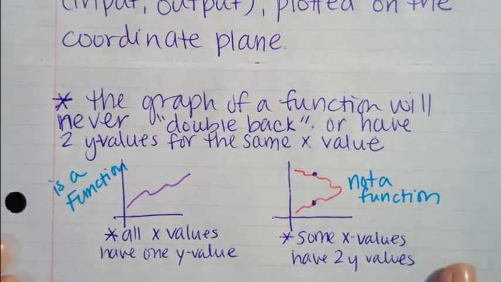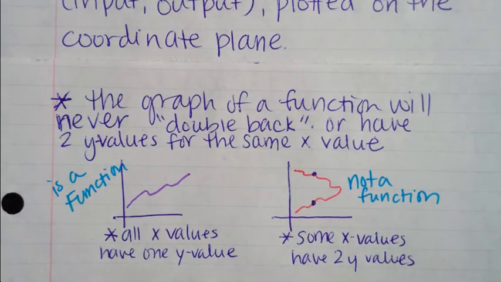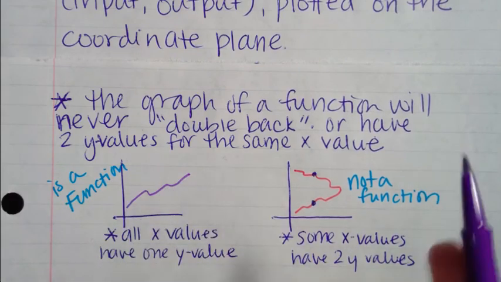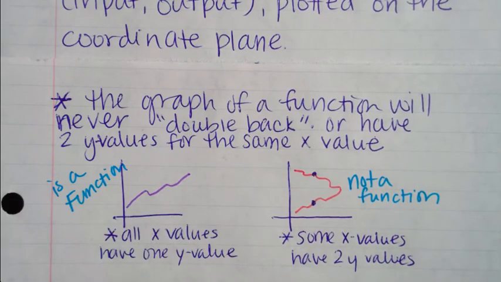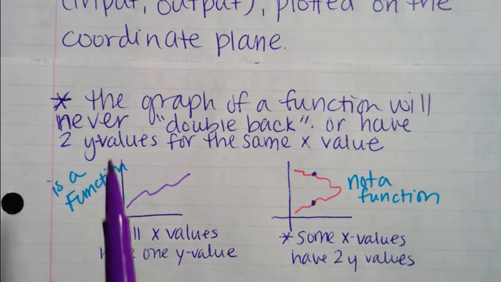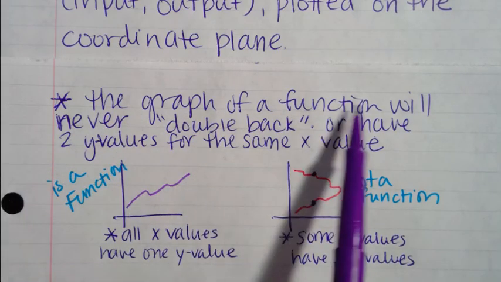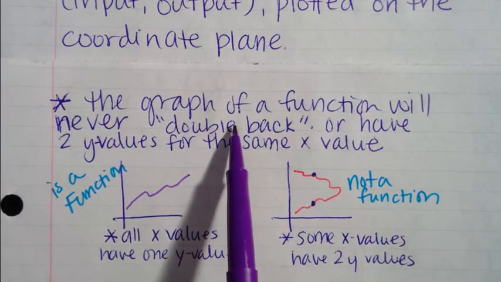Okay, here's the next thing I want you to copy down. And when you draw these graphs, just get close to what I drew. Doesn't have to be exact. So pause and get that copied. So the graph of a function will never double back.